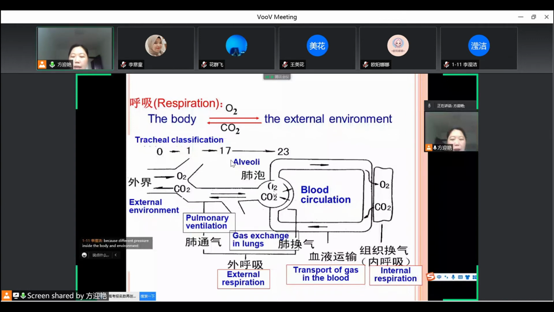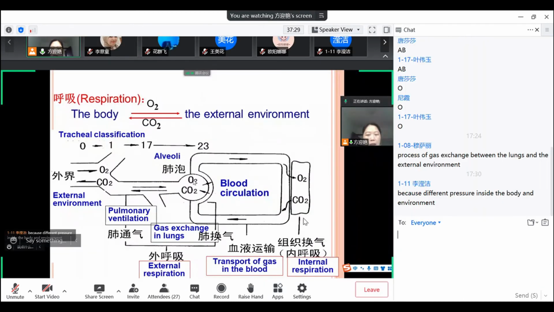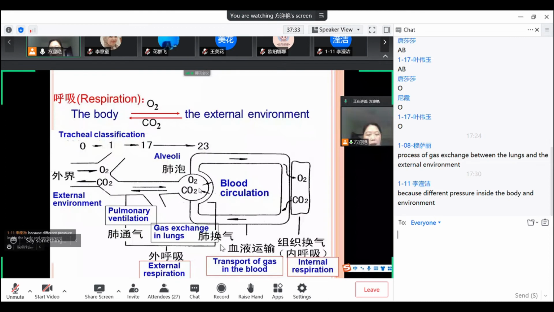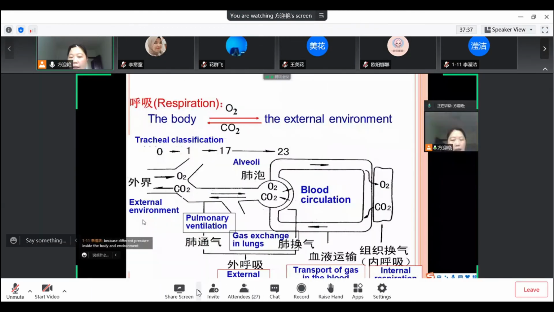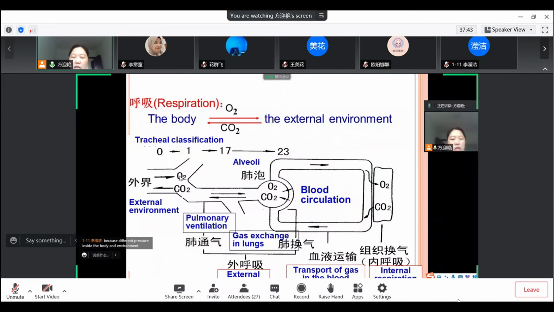So here the carbon dioxide of the body. At the same time, the oxygen pressure in the external environment is higher than in the lung, the direct pressure. Yes, very good.